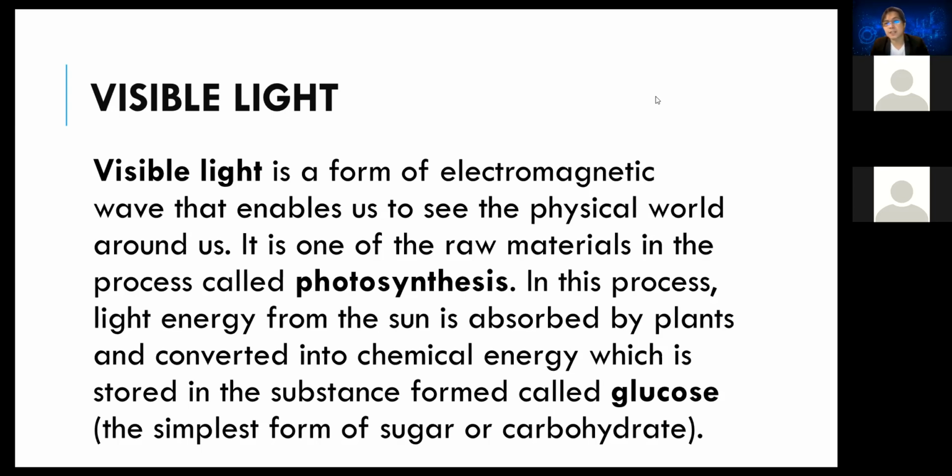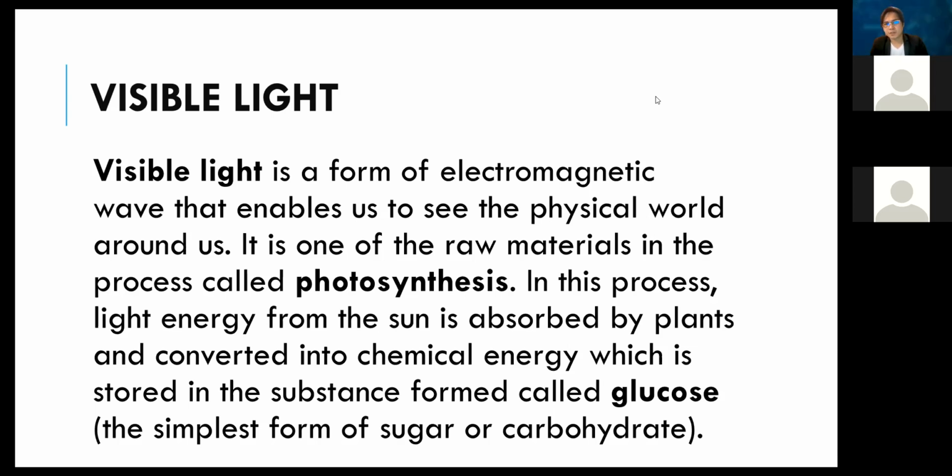Anyway, we will not discuss light-dependent reactions in this matter, but hopefully we can discuss the photosynthesis in the process. Okay, in this process, light energy from the sun is absorbed by plants and converted into chemical energy, which is stored in the substance formed called glucose, your C6H12O6.